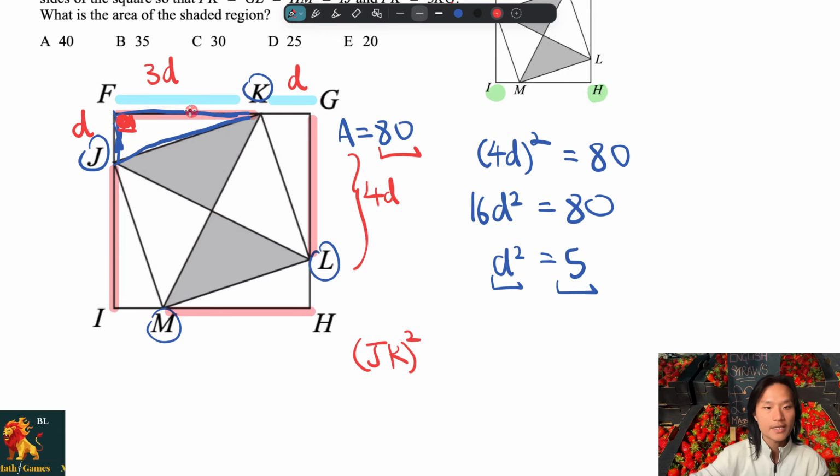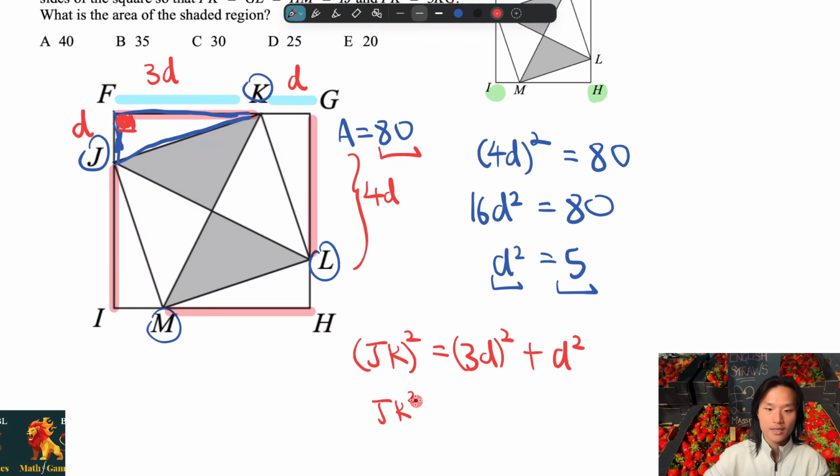JK squared equals 3D squared plus D squared. So JK squared is equal to 9D squared plus D squared, which is 10D squared.